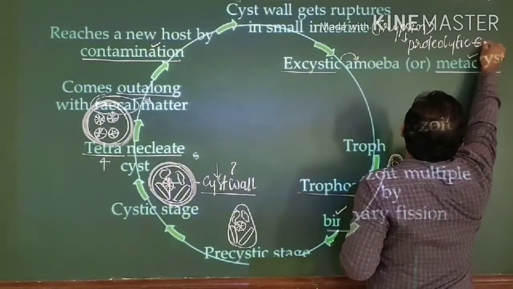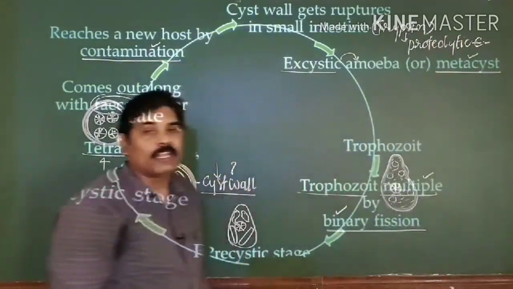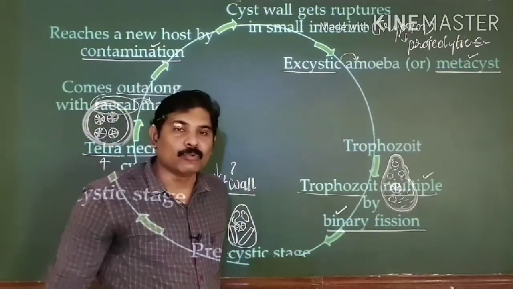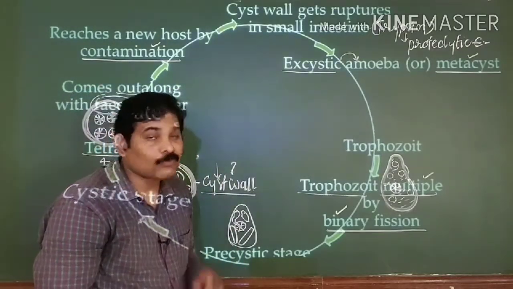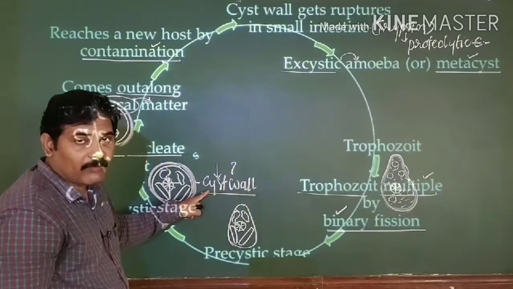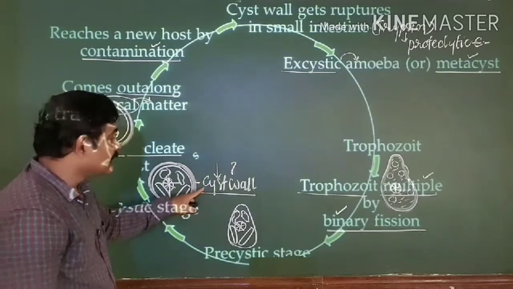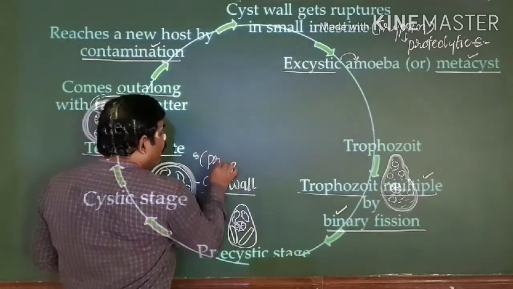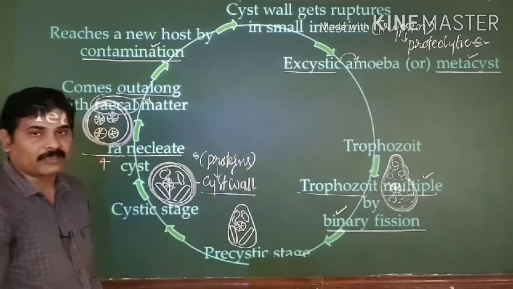Proteolytic enzyme it is. That means this is an enzyme that acts on proteins and can break them down into simple molecules like amino acids. So my point is, since trypsin is acting on the cyst wall and dissolving it, that means digesting it, we can conclude that the cyst wall is made up of proteins. This is an important point.